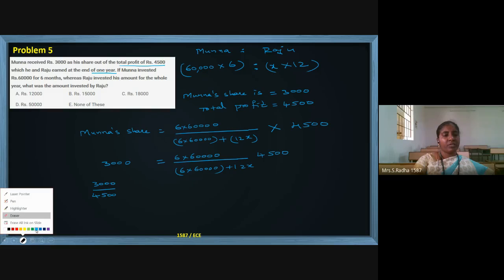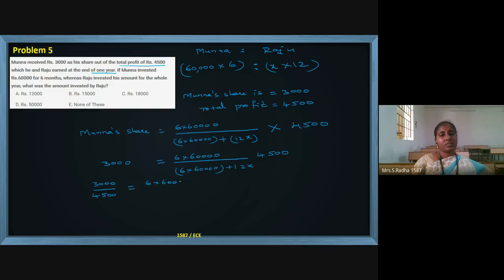On the right side it will be 6 into 60,000 divided by 6 into 60,000 plus 12x. Here I am going to have 1500 into 2, 1500 into 3.